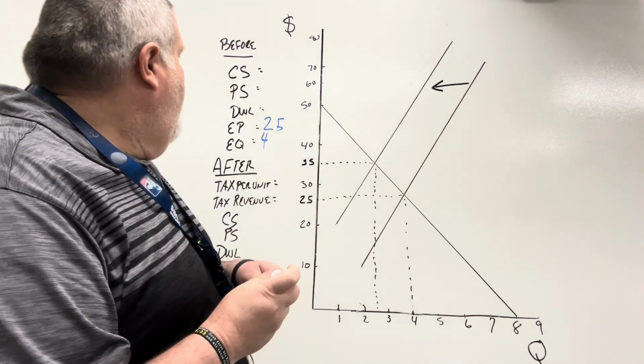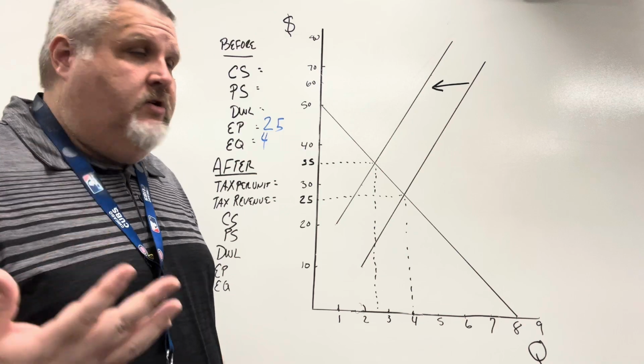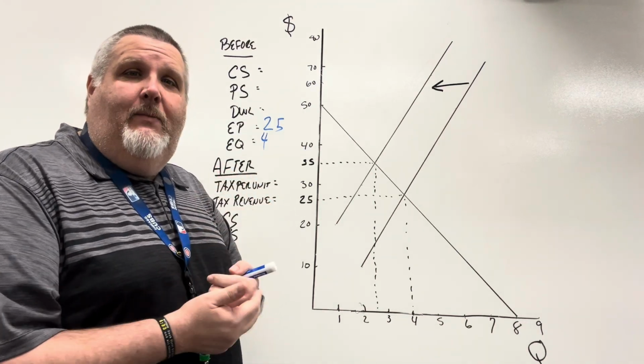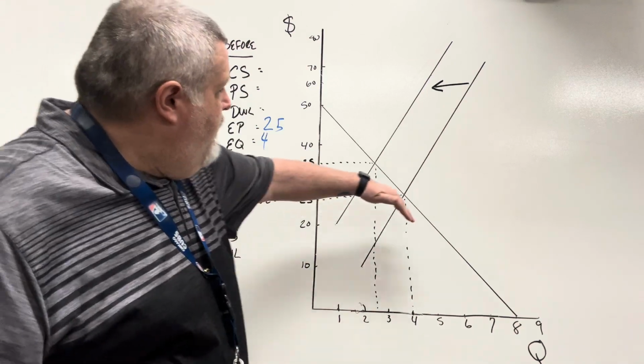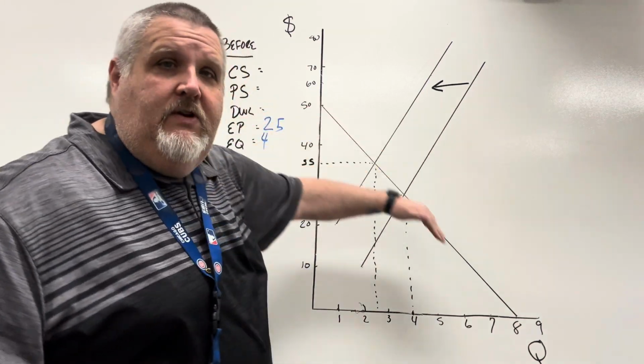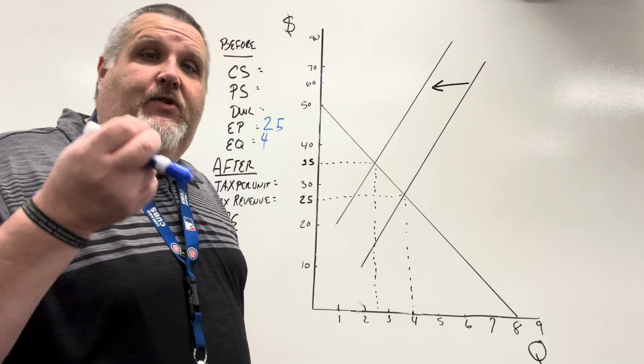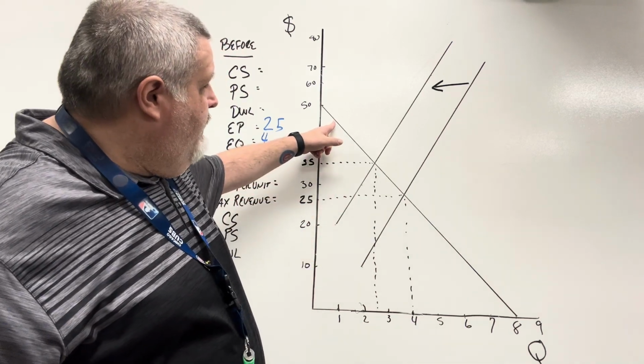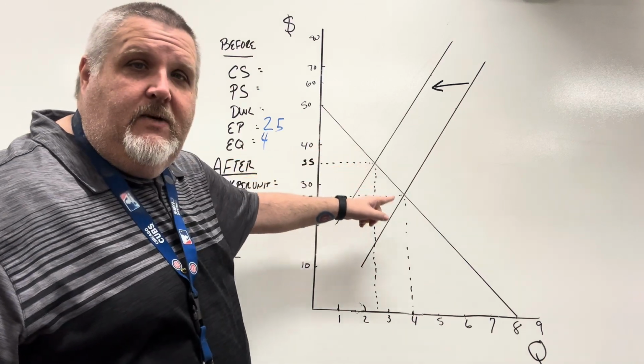So now we want to go with consumer surplus. Remember, the consumer surplus is how much less we paid than we were willing to pay. Our demand curve is showing us what we are willing and able to pay at all of these prices, right? So this person's willing and able to pay this much, this much, this much, okay?